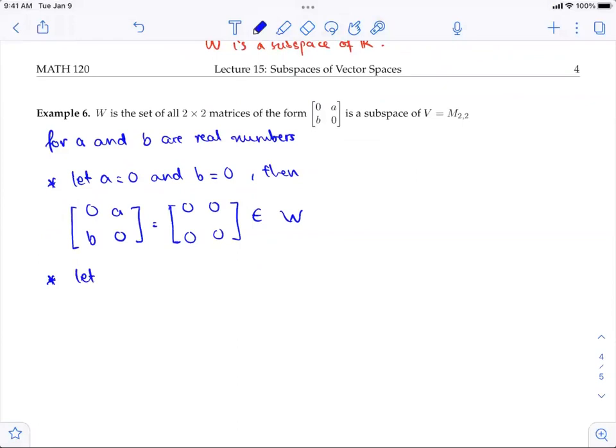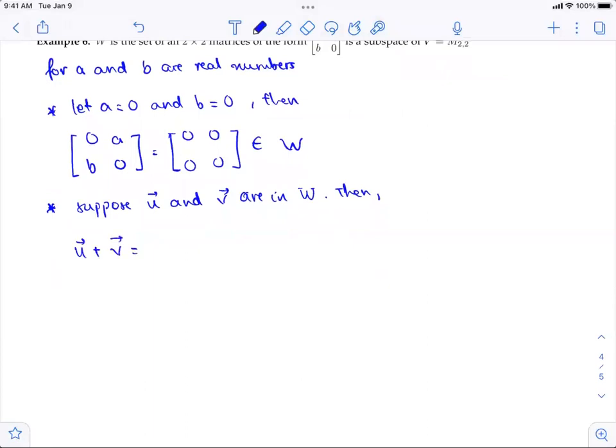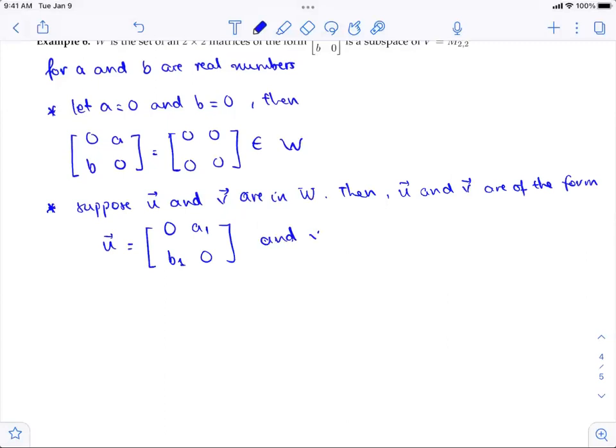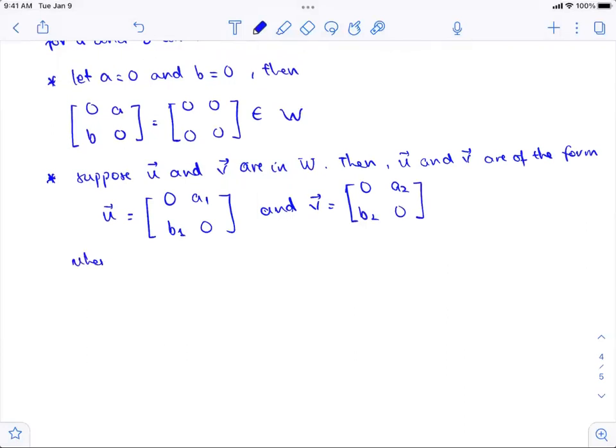Suppose U and V are in W. Then U and V are of the following form. Since U is in W, U has the form [0, A1; B1, 0], and V equals [0, A2; B2, 0], where A1, A2, B1, B2 are real numbers.